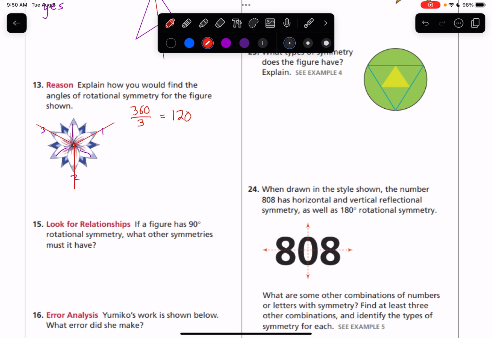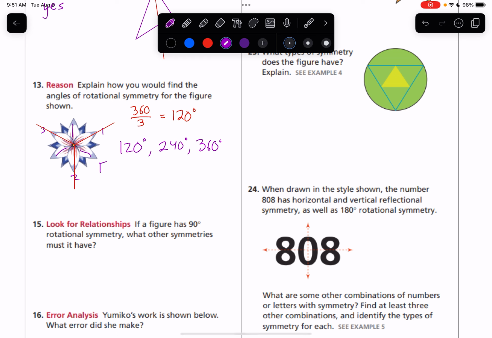So a 120 degree angle should return this shape to having another top layer petal in the same spot as there's a top layer petal right now. Okay, let's see. So that would be 120 and then 240 and then 360 degrees. We'll just multiply, right?